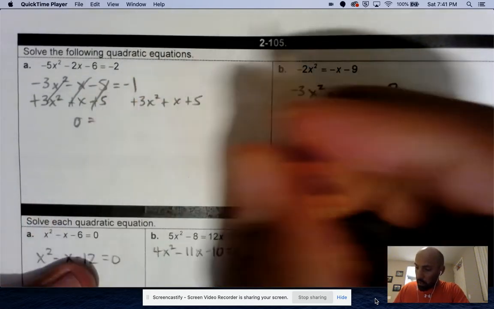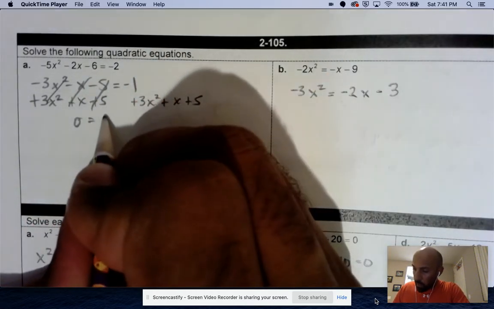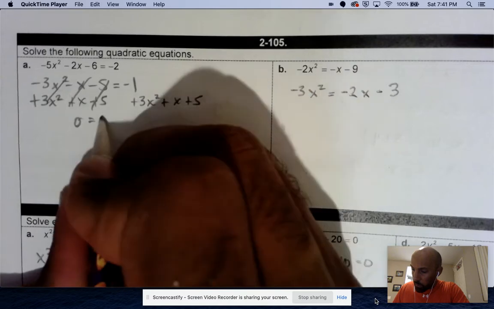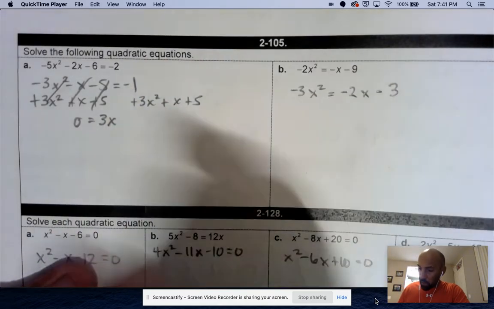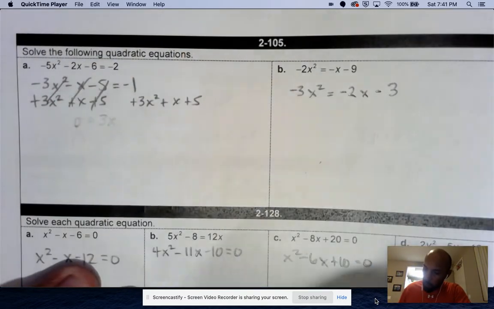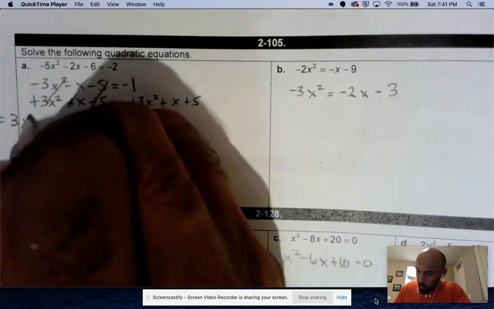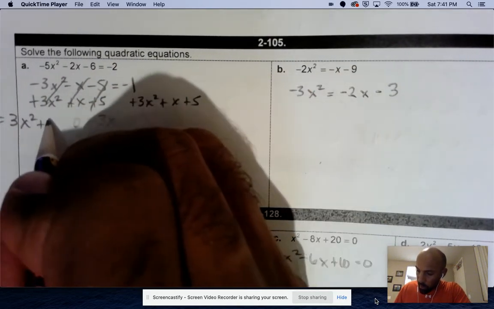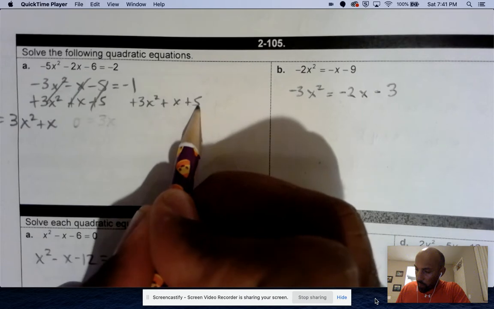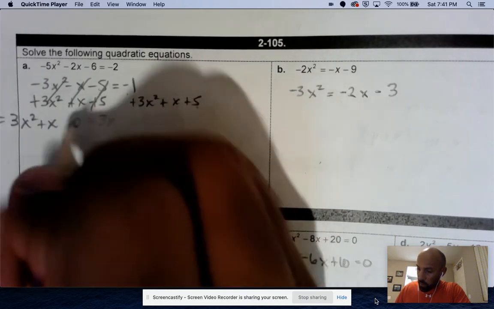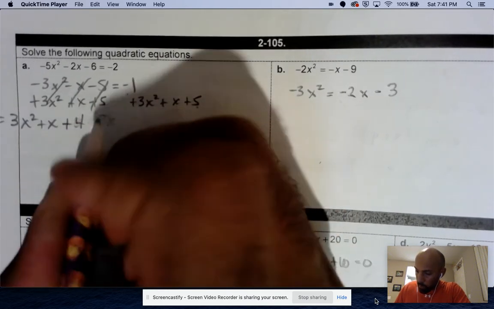Okay, so then I ended up with, let's see, 3x. Let's actually move this over, give myself some room. 3x squared plus x, and then I've got 5 and negative 1, so that's going to be 4.